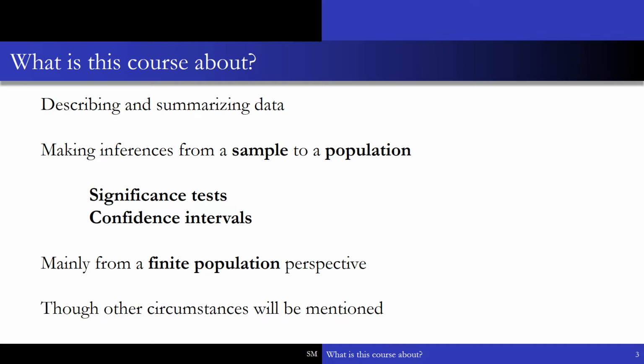In all of these cases, there's no difficulty, at least in principle, of actually enumerating all of the elements in the population, though, of course, in some cases, in practice, this might actually be quite difficult. I'll also mention from time to time other sorts of populations, other sorts of circumstances, for example, so-called hypothetical populations, though this won't feature to a terribly great degree in this course.